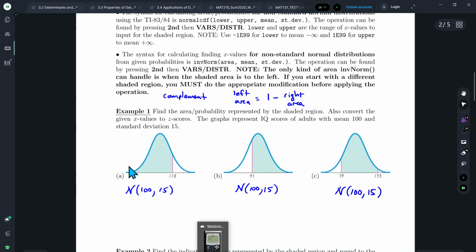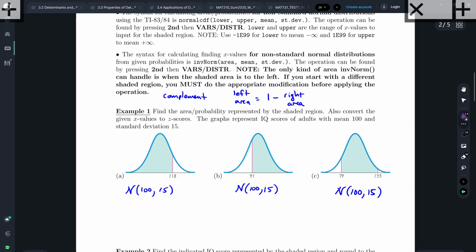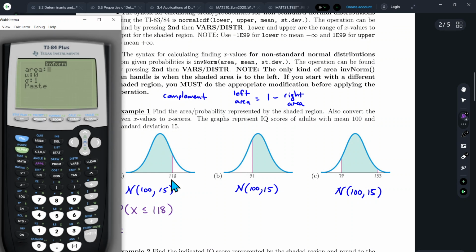So in A, we're calculating the probability that the x values are less than or equal to 118, right? Because it's shaded to the left here, we want values that are less than 118. And okay, so now let's use the calculator to calculate. So we need the normalcdf command because we're calculating probabilities, right?